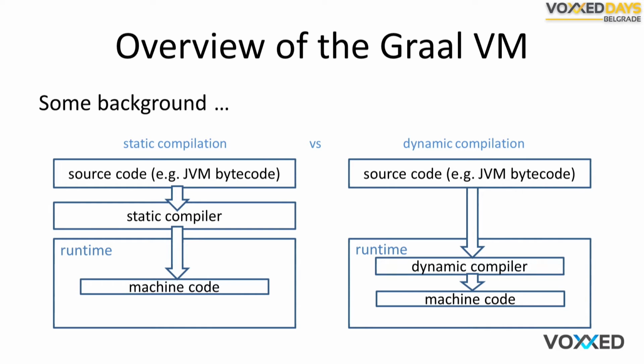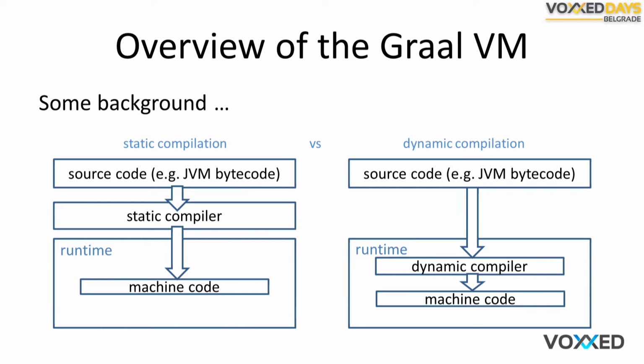When you compile your source code, you can execute it in compiled form from the runtime. On the other hand, dynamic compilation is when you have some intermediate form of source code and you want to execute it in the runtime and possibly compile it dynamically.